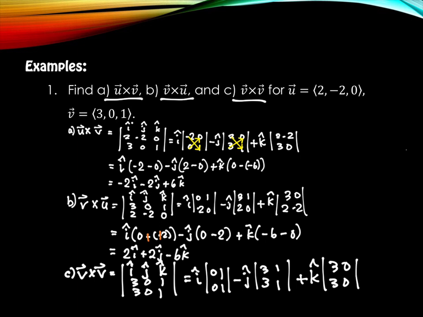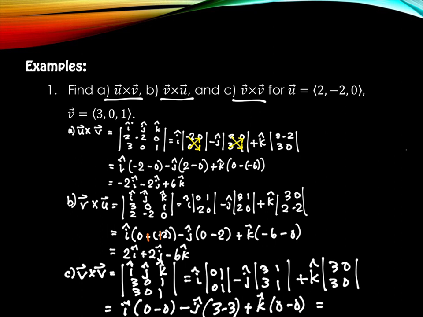Okay, so let's see what happens when we do these. So we have I, and then I have 0 minus 0, minus J, and I keep putting absolute values there, I have 3 minus 3. And then I have plus K, where I have 0 minus 0. All right, so what happened?